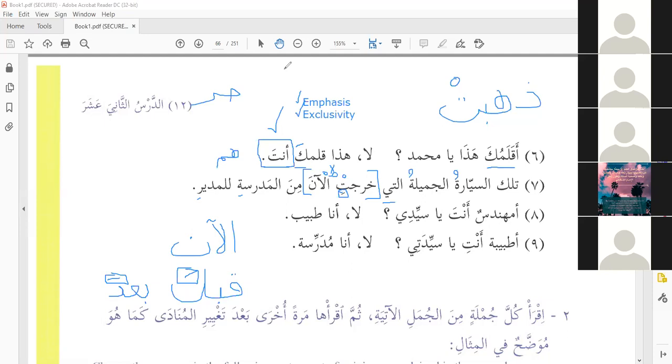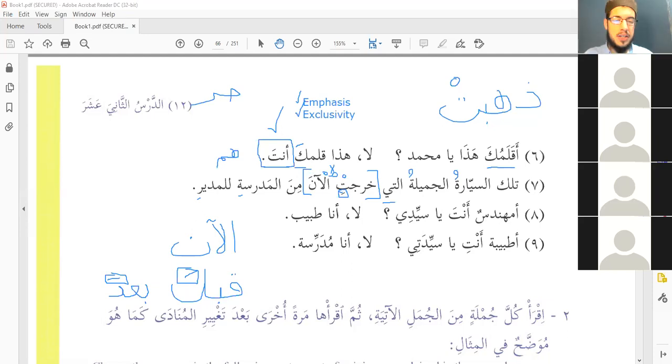So what if it was another letter, not al-an? Would kharajati still be there because of the al-lati? Very good question. Okay, so let's imagine that al-an isn't in here. If al-an is not in here, then it goes back to being sukun. خرجت من المدرسة للمدير.